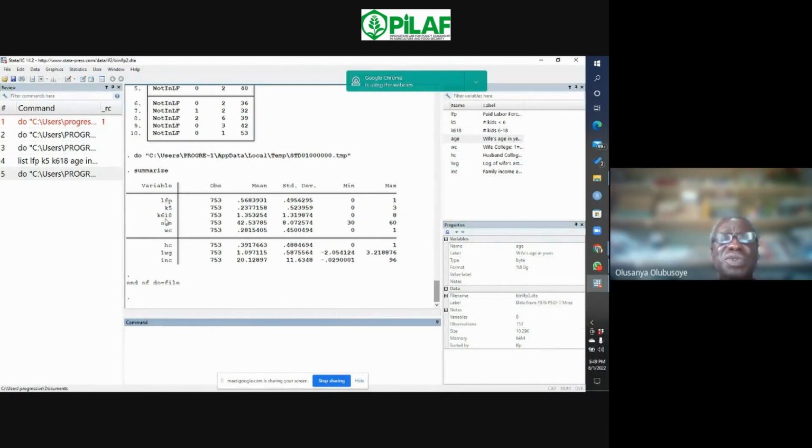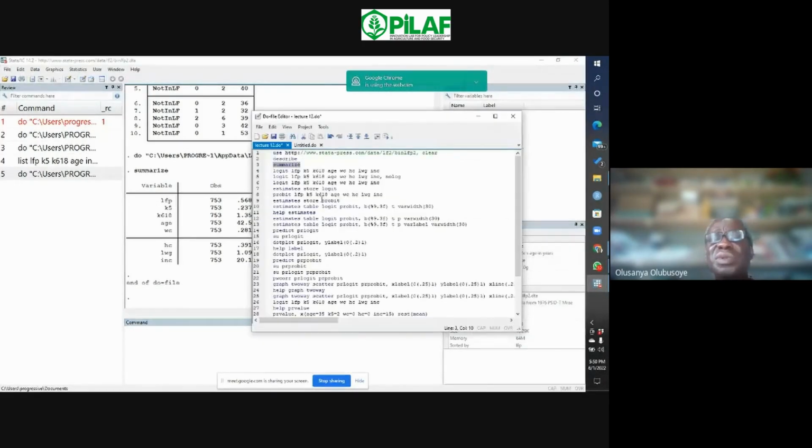The woman with the highest number of children between 6 and 18 has 8. So that's the summary. You can see the mean, the standard deviation, and all of that. So let's go back to our model.